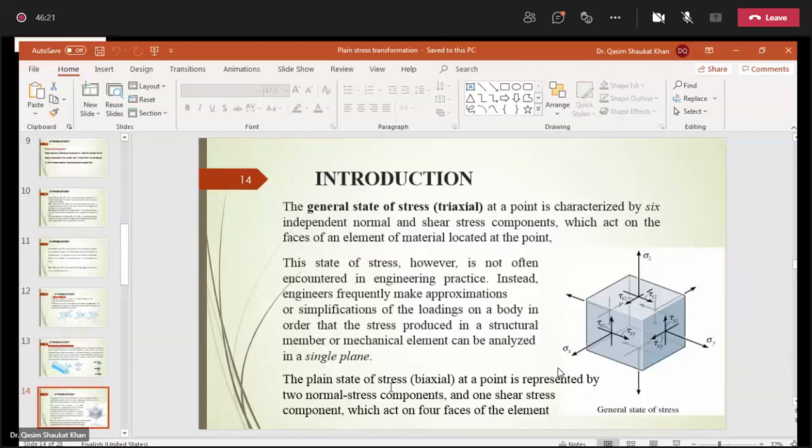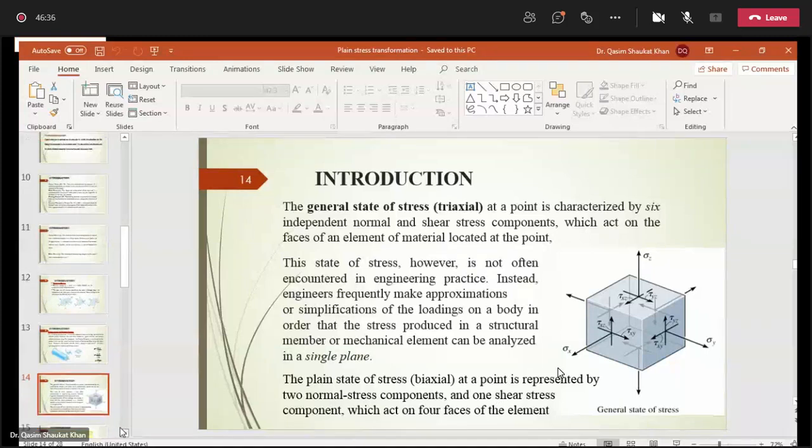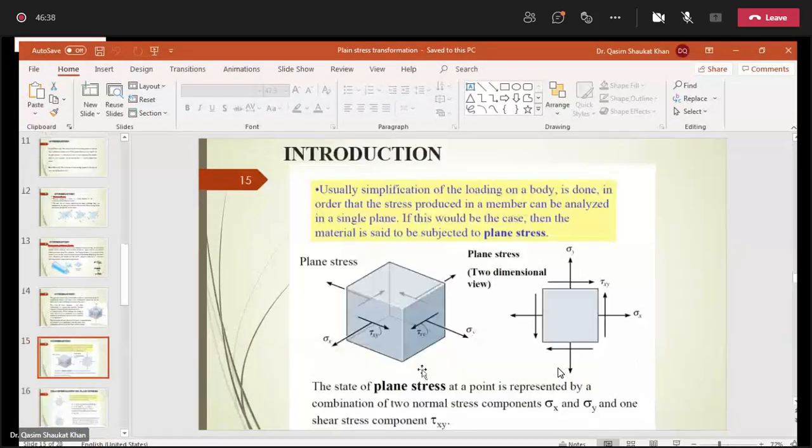In biaxial state of the stress, there will be two normal stress components and there will be one shear stress component, which will act on all the four faces of the element. Let's see this figure now. Now, we are moving from triaxial state of the stress to biaxial state of the stress.